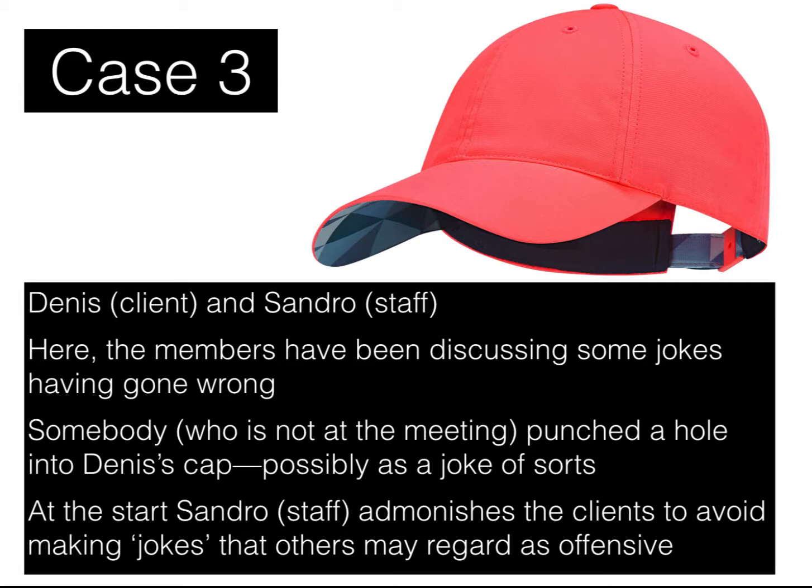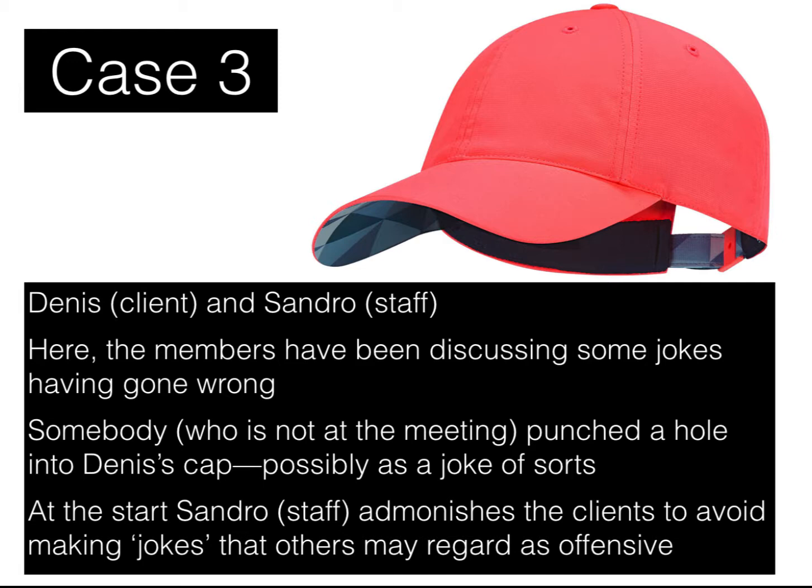The group has been discussing some jokes that people have been doing and other people taking offense, basically. And somebody who's not at the meeting punched a hole into Dennis's cap. I don't know why, but they are talking about it.